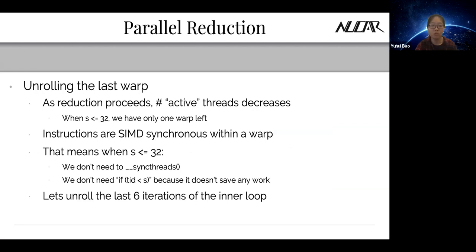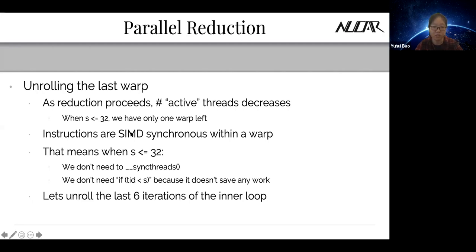There's one more technique we can do to make this code more efficient, which is unrolling the last warp. We don't need to do the synchronization once the active threads decrease under 32, because a warp guarantees that all the threads are executing at the same time.